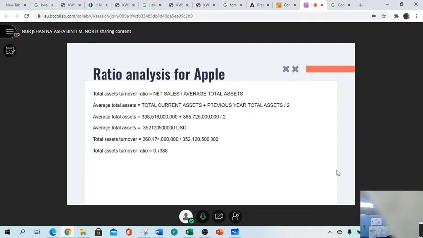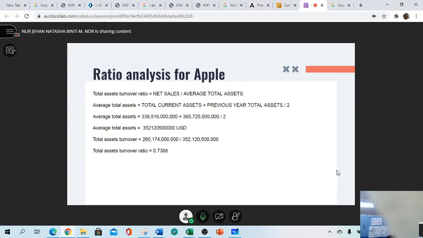Okay, the average total asset for Apple is equal to 338,460 million plus 265,725 million divided by 2. So we get 352,120.55 million USD.